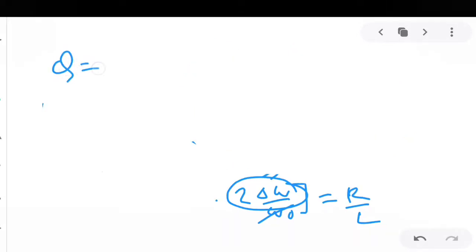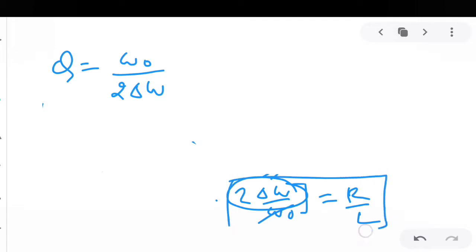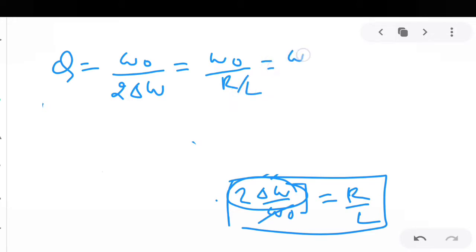Quality factor is omega naught divided by 2 delta omega. Now 2 delta omega is R by L, so this is omega naught divided by R by L, which is equal to omega naught L by R.